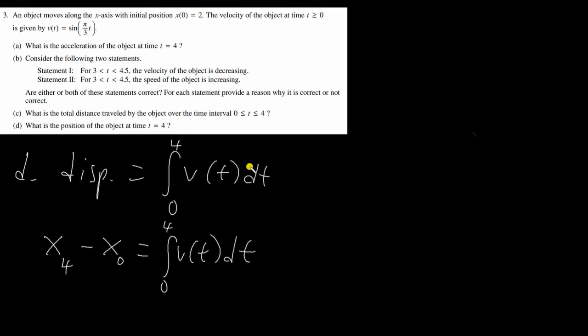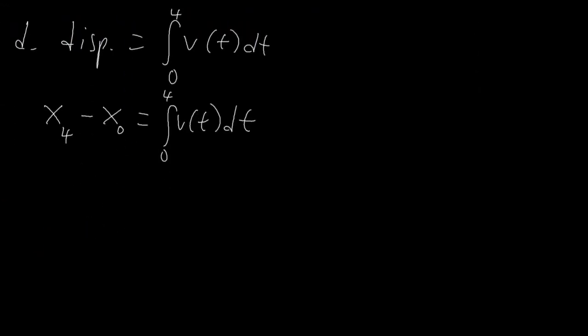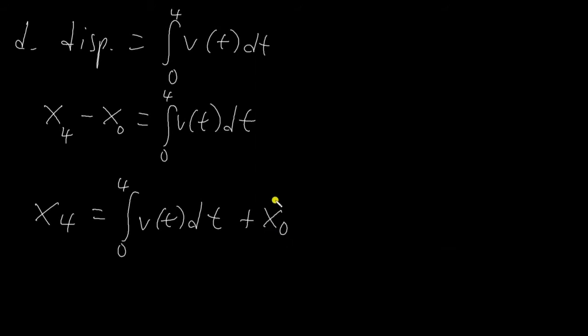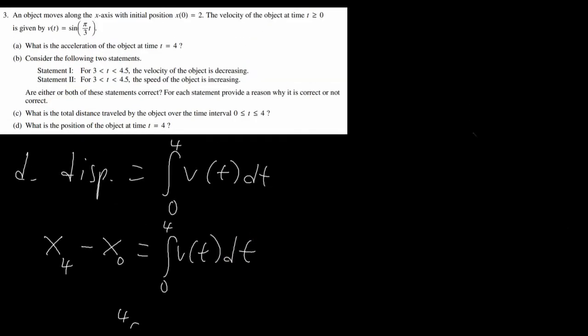Okay, and then we want to find out what the position is at time t equals 4, so I can solve for this by taking the initial position and moving it to the other side. So x sub 4 is the integral from 0 to 4 of v of t plus x initial. And remember the initial position, they gave it to us up here, the initial position x of 0 is 2.